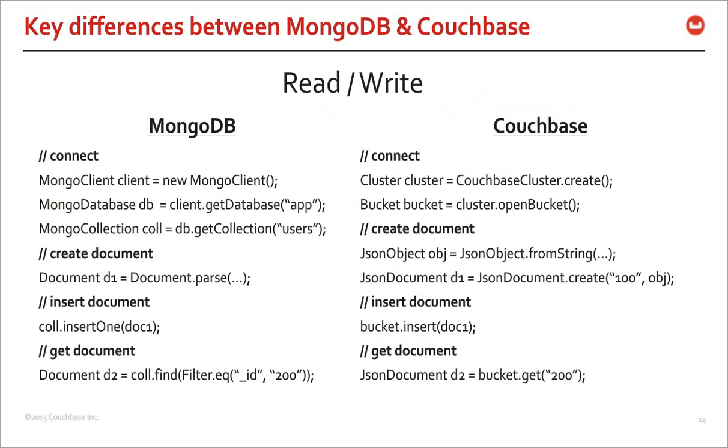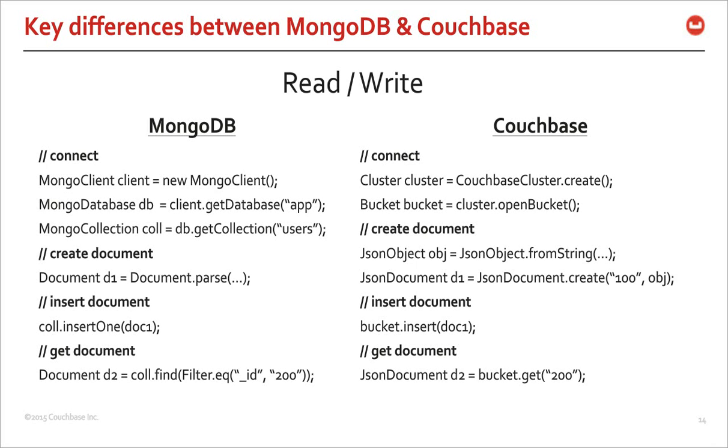If you talk about basic reading and writing, or CRUD operations, again, I'm using Java here for my examples, but they're fairly similar to what you would have seen in a MongoDB world. You have to connect to the cluster or to the database. In our case, you connect to a bucket. For them, you connect to a collection. We both work with a document model, and we simply insert those, or we get them out.